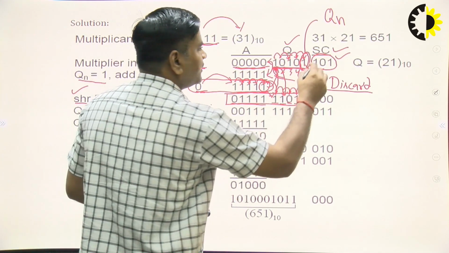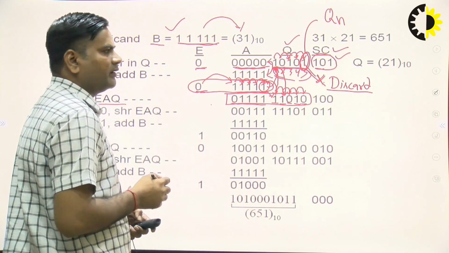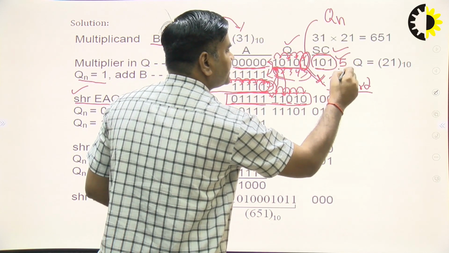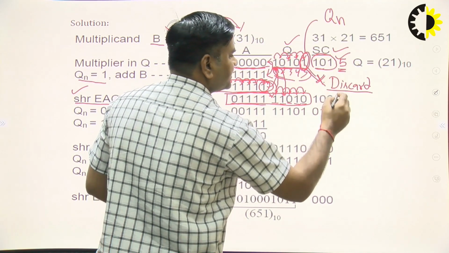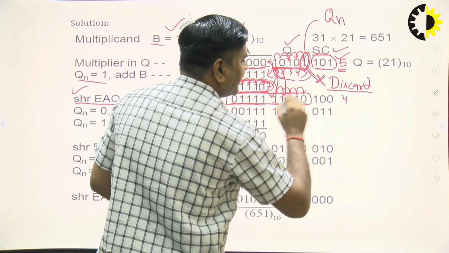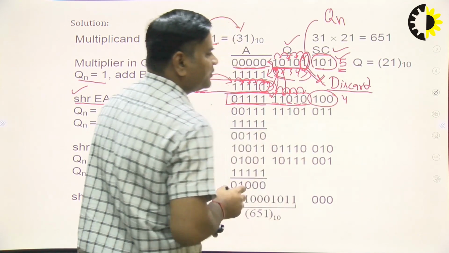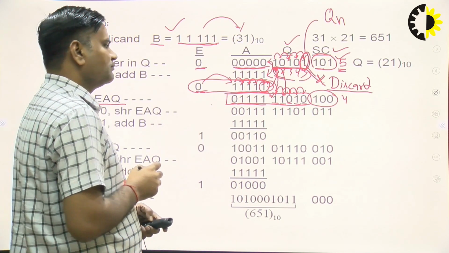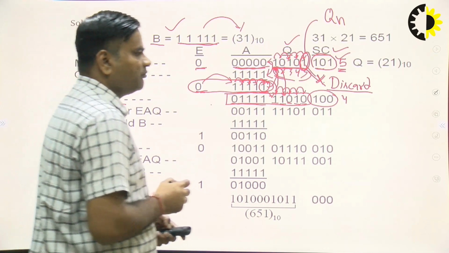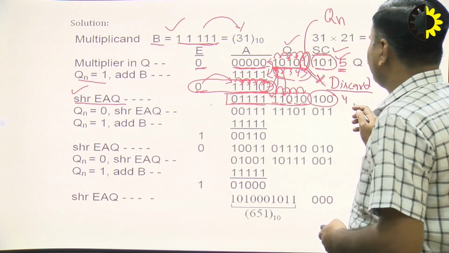After that we have to decrement the counter by 1. Initially, the sequence counter value is set to 5, then minus 1. If we perform the minus 1, we get 4, and we write the value 4 in binary, that is 1 0 0. After that, we perform the first step. Basically, this completes the first step.